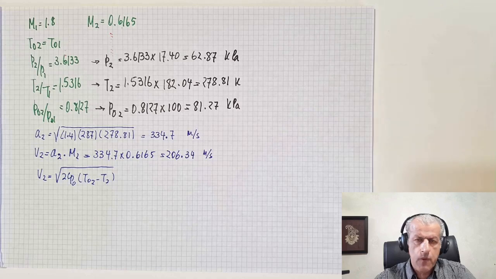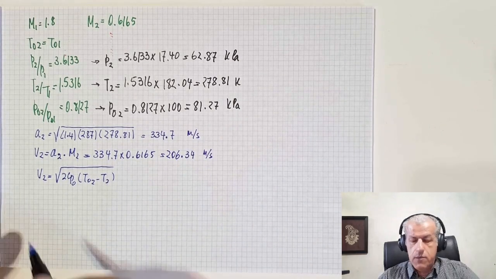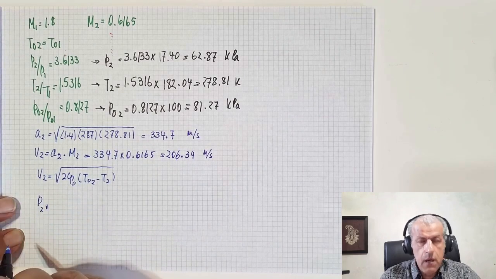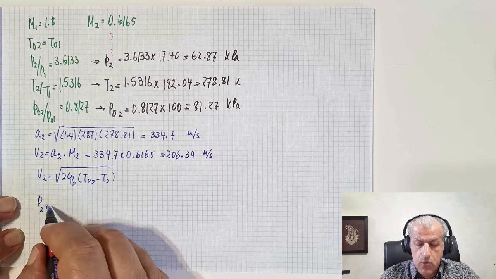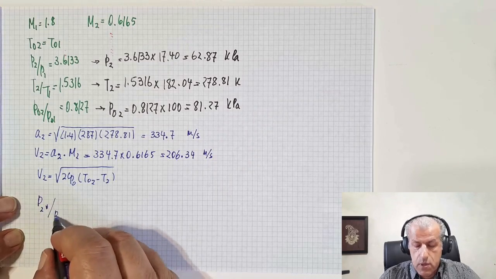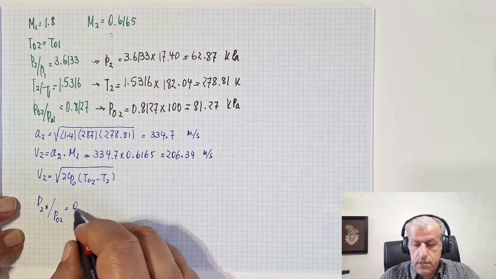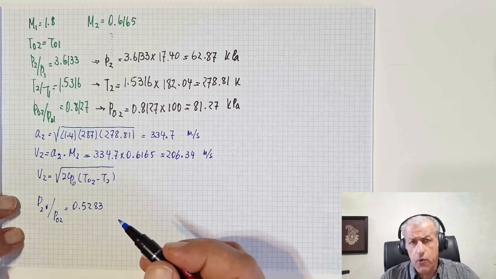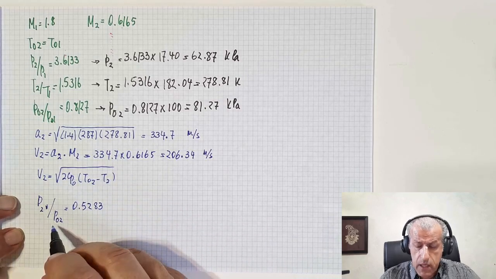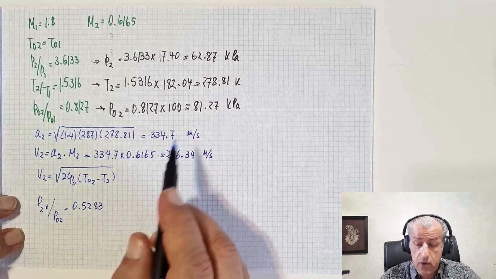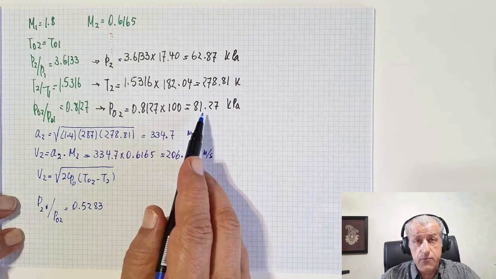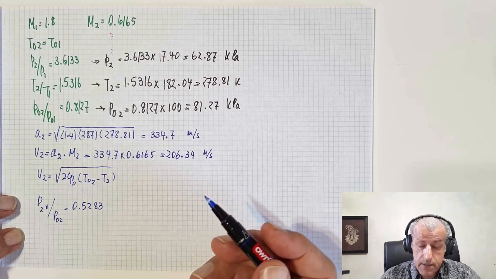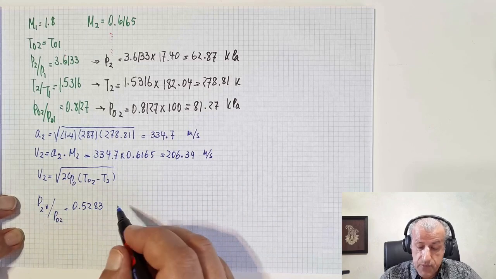Well, one way for calculating P2 star is to use the equation that P2 star over PO2 equals 0.5283, just like before, and multiply that with PO2, which now has a different value. It's 81.27, and calculate whatever P2 star is.